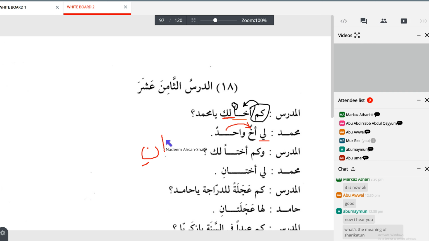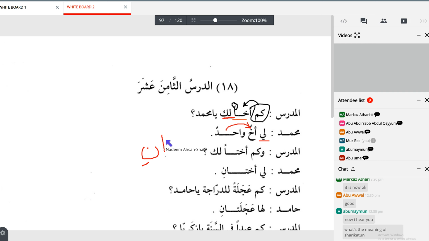Then he says, Kam Eidan. So the word originally is Eid. Eidun. He says, Kam Eidan. How many Eids في السنة are there in 1 year? يا زكريا.